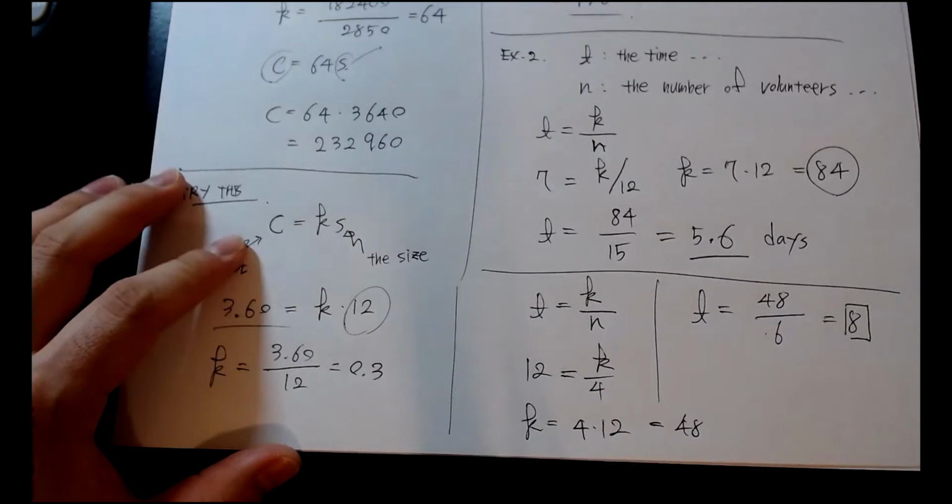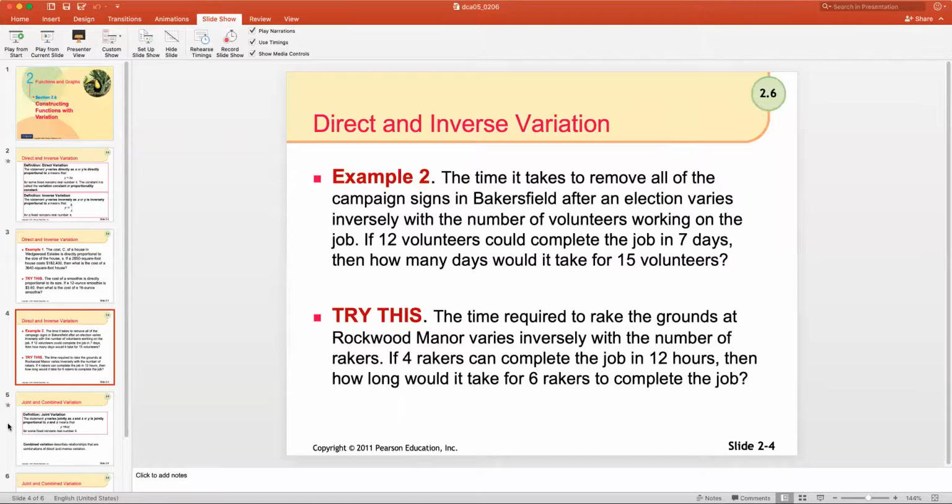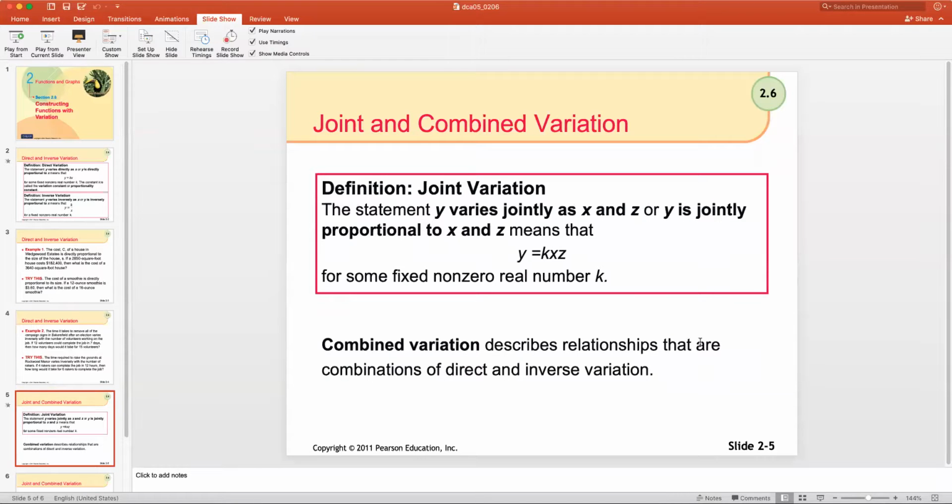Okay, so now next one. Let's see the joint and combined variation. The statement y varies jointly as x and z. So you see that 3 variables are coupled.